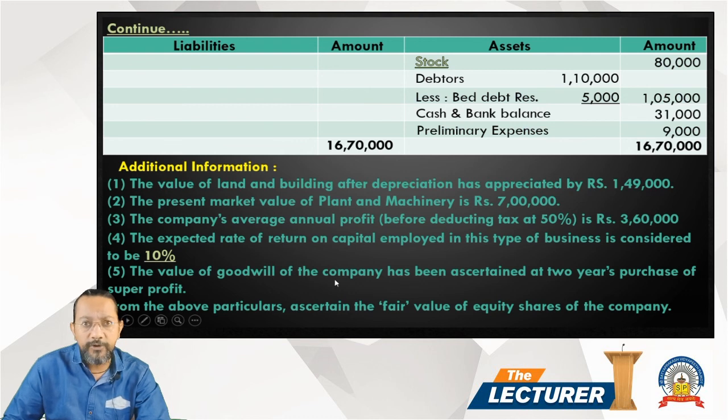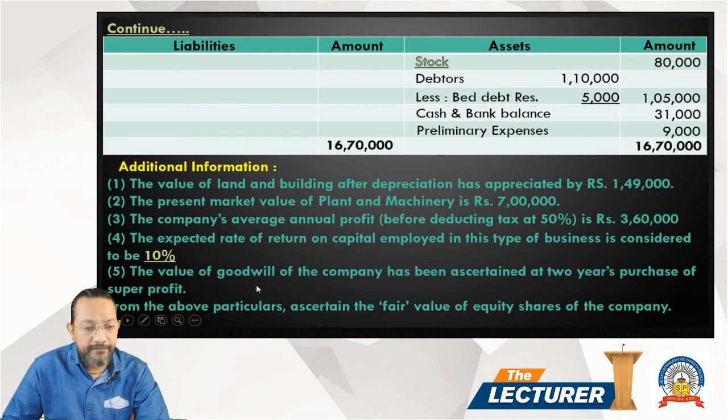So in valuation of shares, first we have to calculate the value of goodwill. From the above particulars, ascertain the fair value of equity of the company. For the fair value, we have to calculate intrinsic value plus yield value divided by 2, then we get fair value.